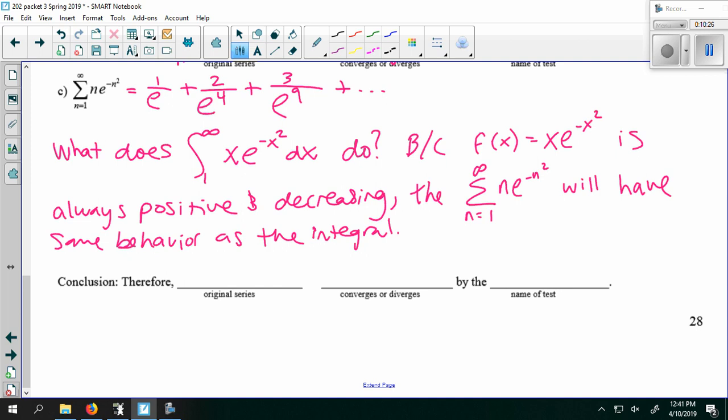Okay, so that means that my original series, the sum from n equals 1 to infinity of n e to the negative n squared, also converges because its associated integral converged, so by the integral test.